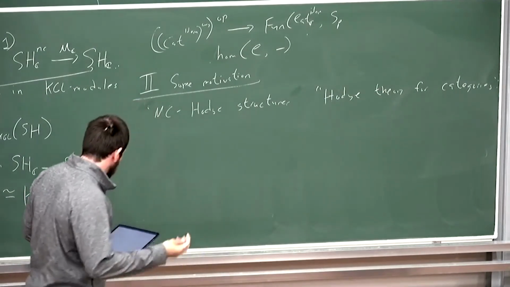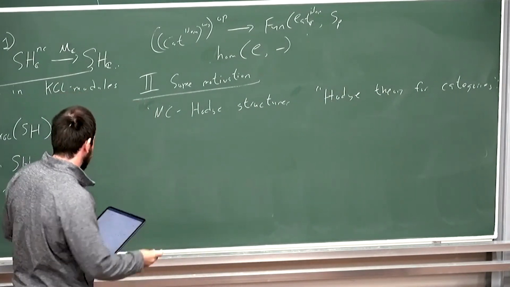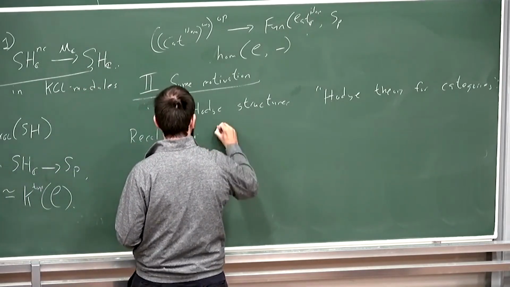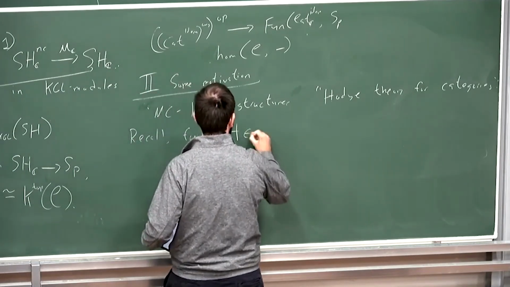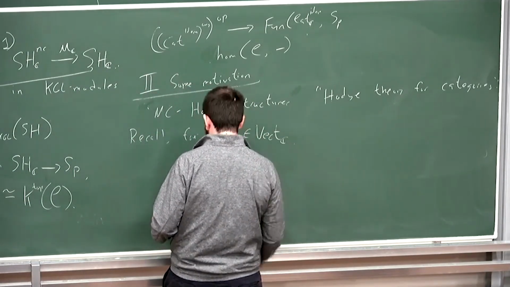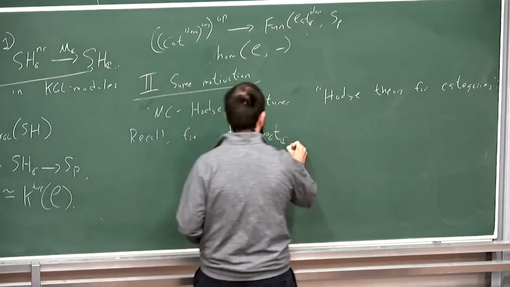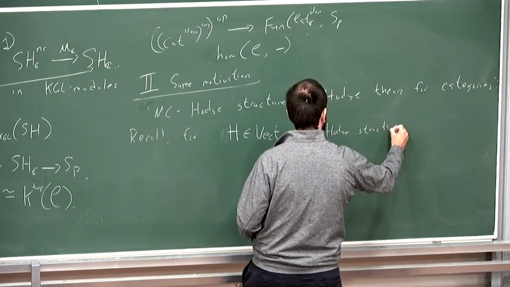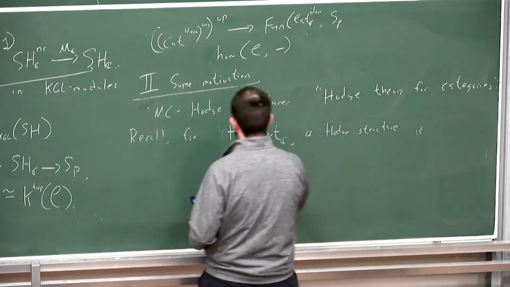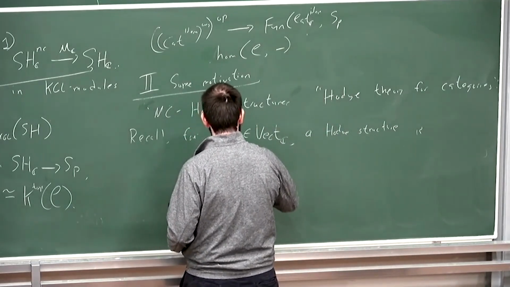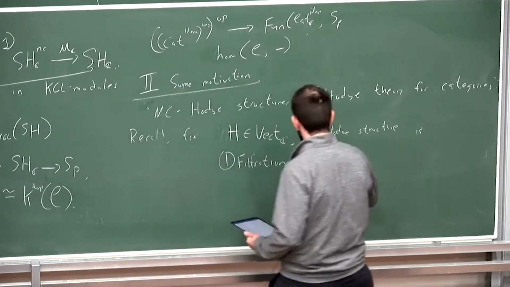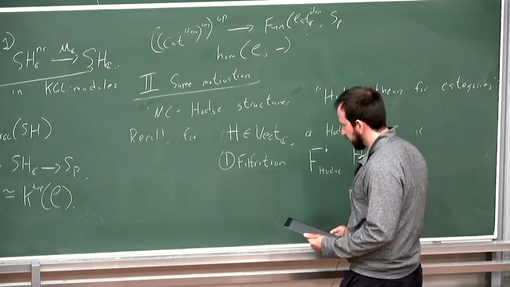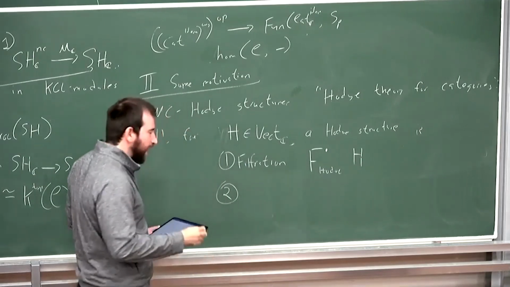Recall, we'll stick to territory which is more familiar. For a complex vector space H, the data of a Hodge structure is the following. One is a filtration on H, and another is a rational or an integral structure.